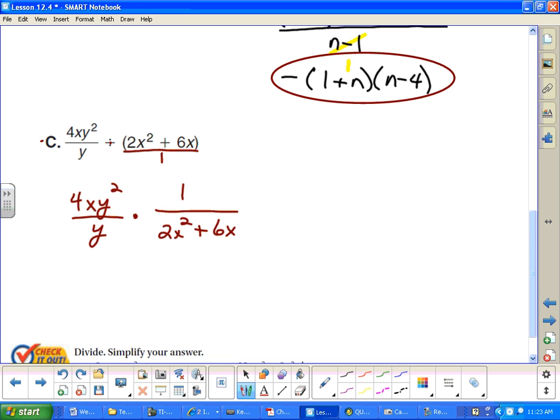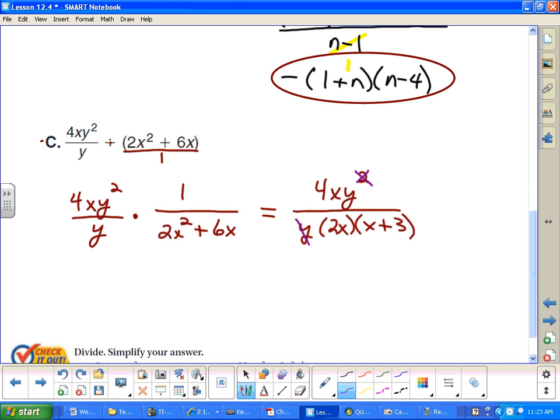Okay. Do they have something in common that we could factor out? Okay, they have a 2 and an x, right? Right. So we could rewrite the numerator as 4xy squared. And the denominator, we have a y. We have 2x and x plus 3. All right. So here we have a y and y squared, right?